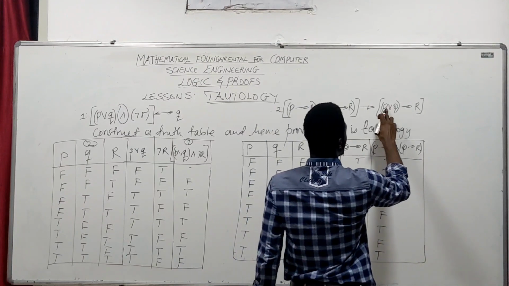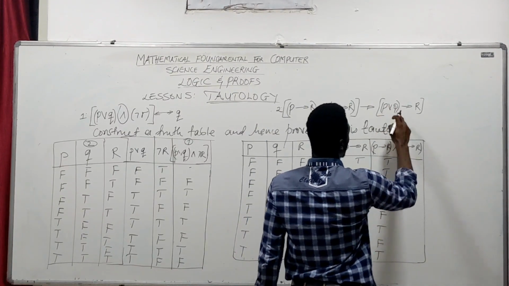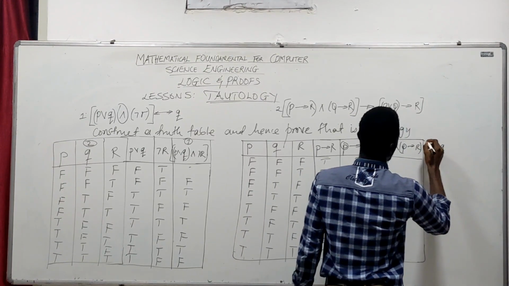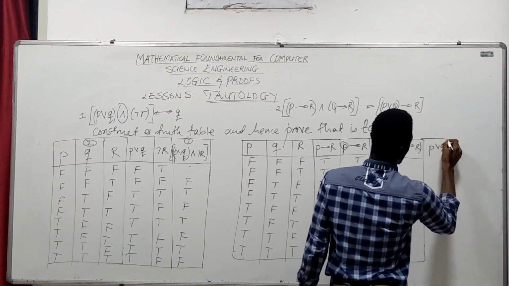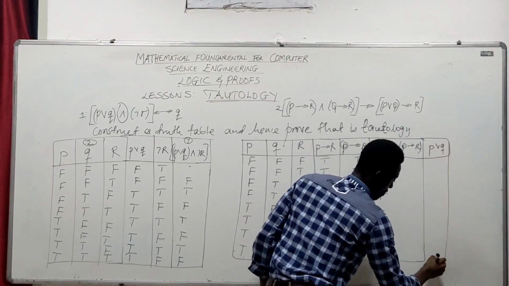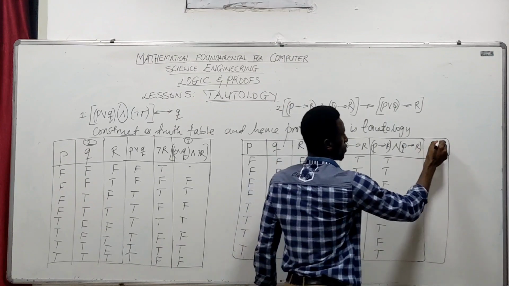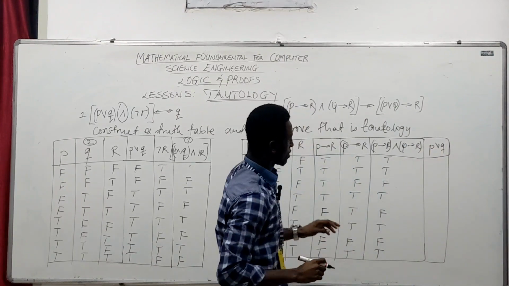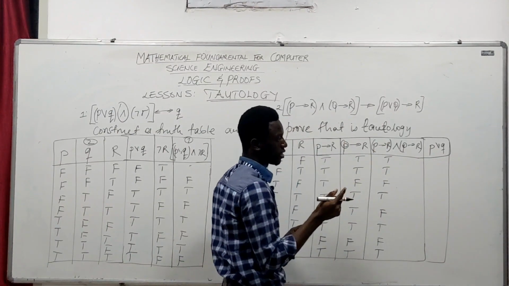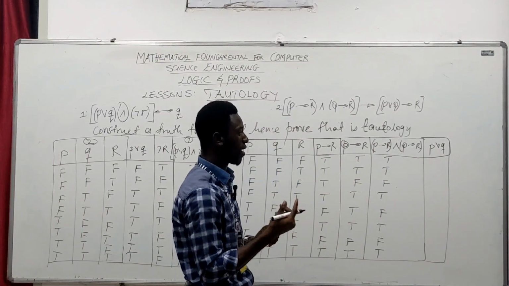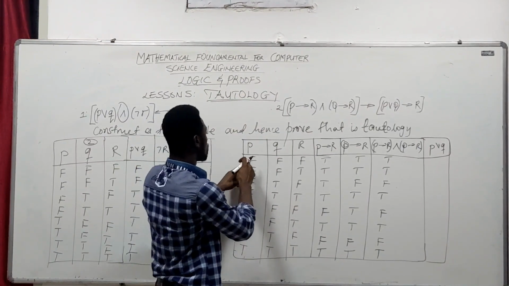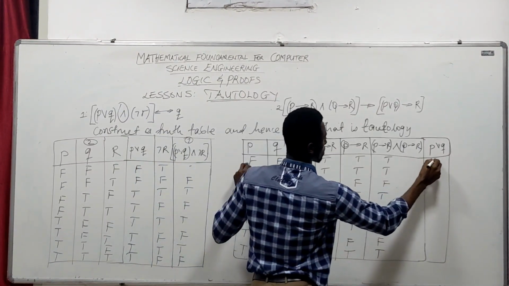So we still have P or Q here. For the OR statement, if both statements are false, it becomes false. Otherwise, everything is true. So let's see P and Q. False, false is false.